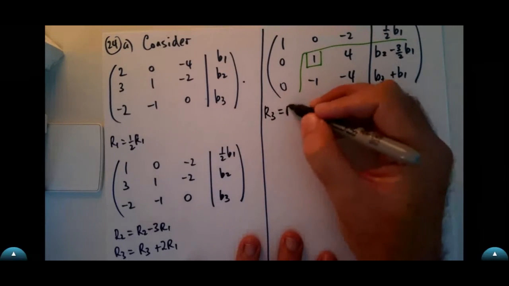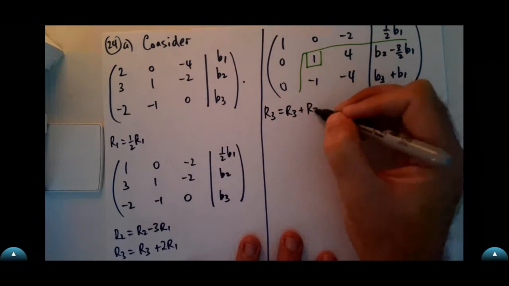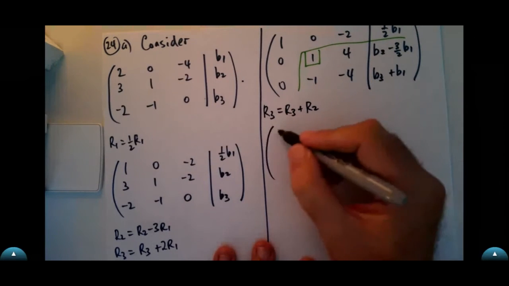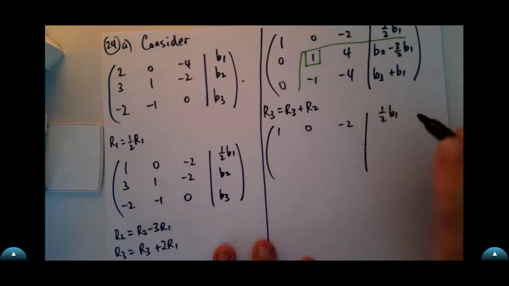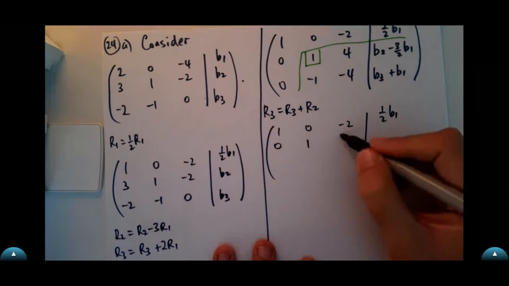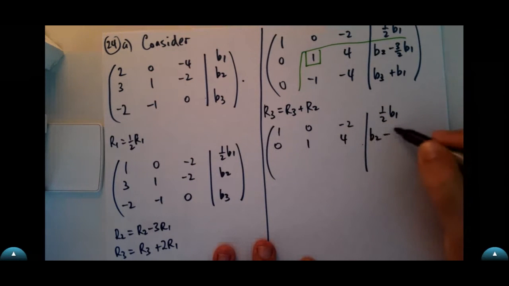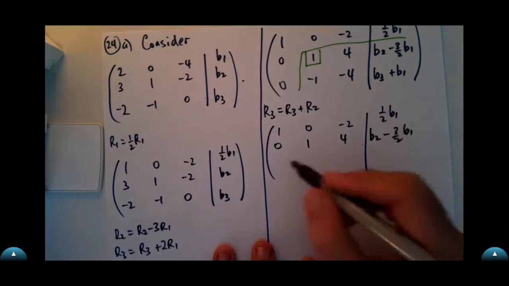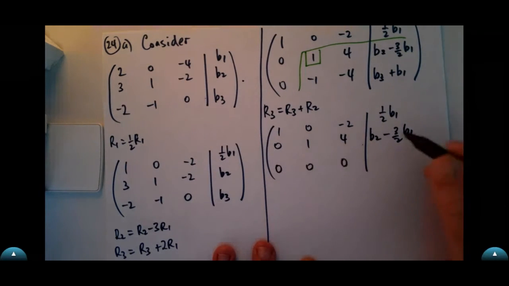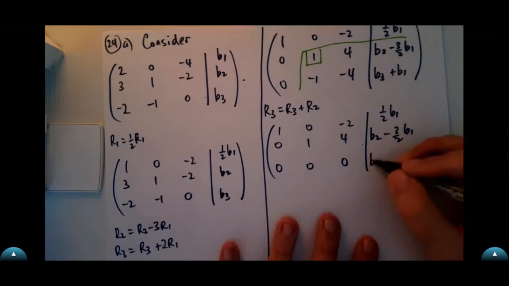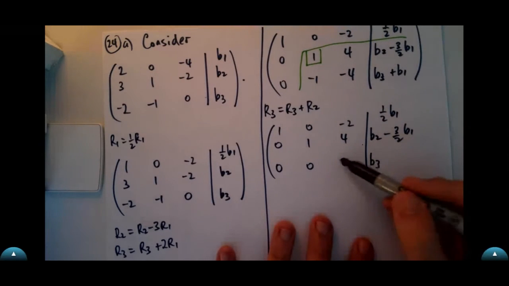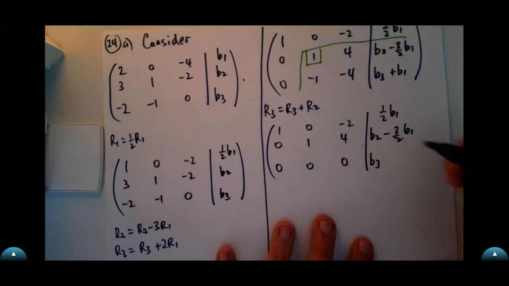So it's a bit different now to the previous question. So this plus this. We're going to get the same entry as we had before, just now we have a 0 here.